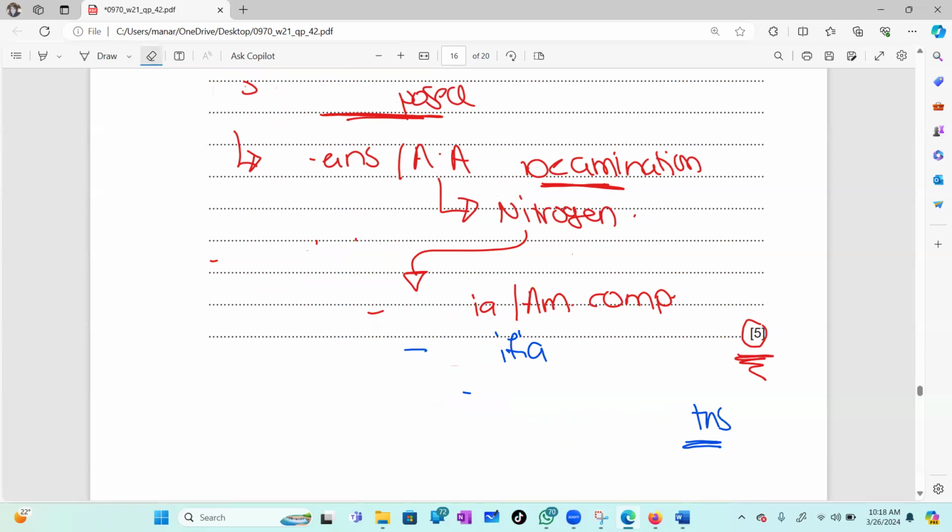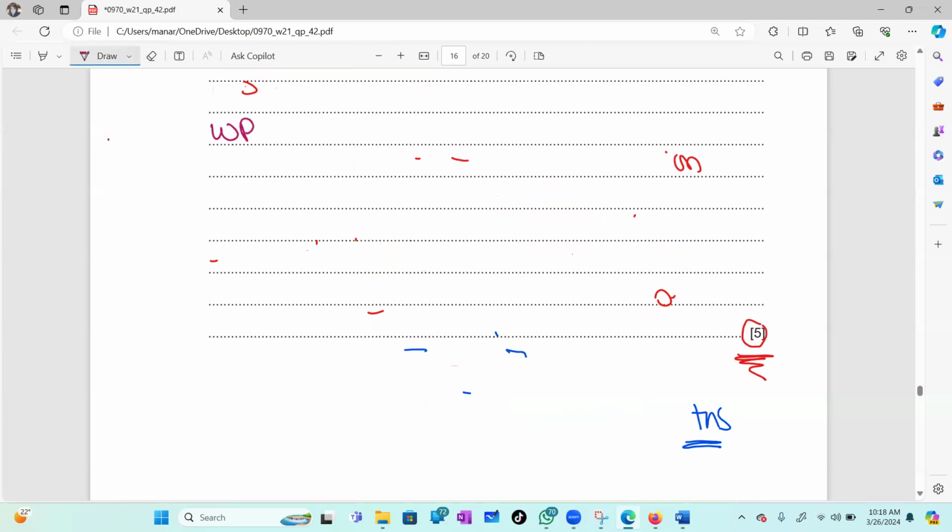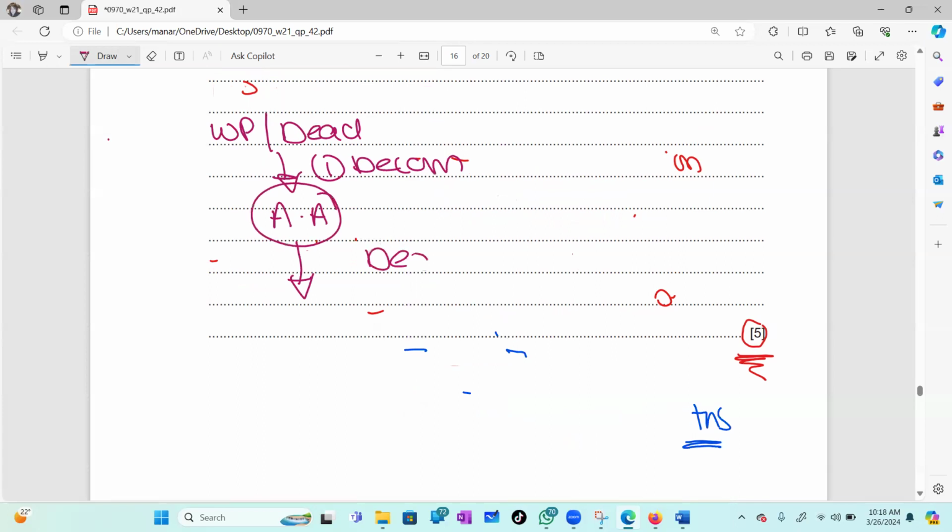I'm going to write it down again for the third time because this is revision also. In diagram form, maybe I'll make it easier. You have waste products or dead bodies. These waste products will, number one, be decomposed, releasing amino acids. And then these amino acids will undergo deamination. Deamination means nitrogen will be released.